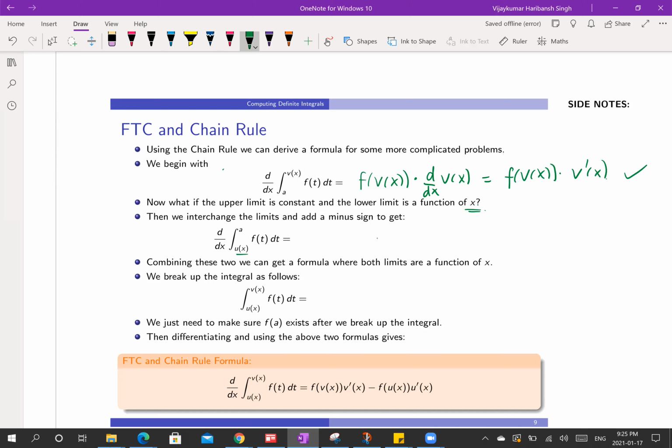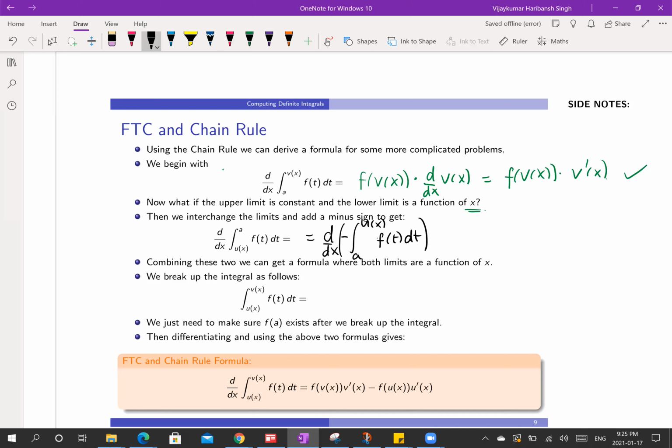One way out is to convert it into a previous problem. And how do you do that? We can interchange the limits of integration by putting the minus sign. This is one of the properties of definite integral we have seen in the last class. So this is going to be the same as d by dx of minus the integral from a to u of x of f of t dt.